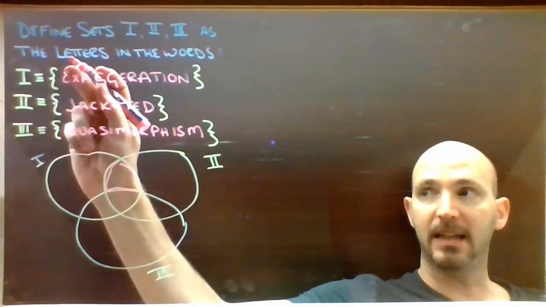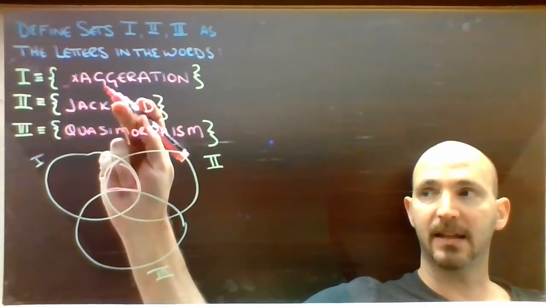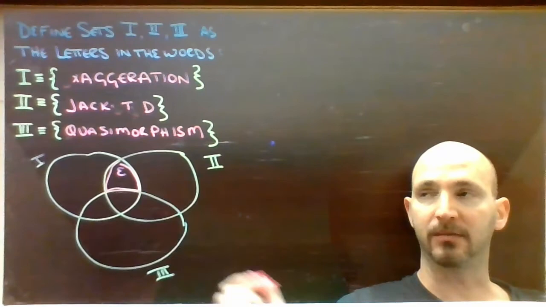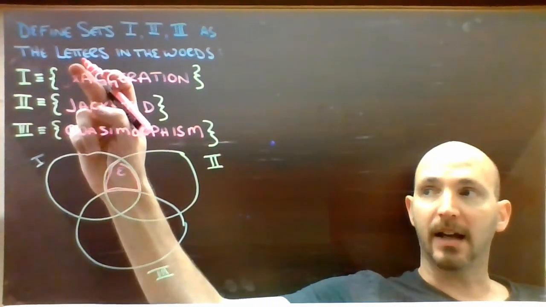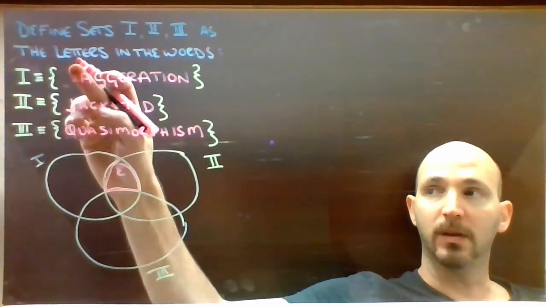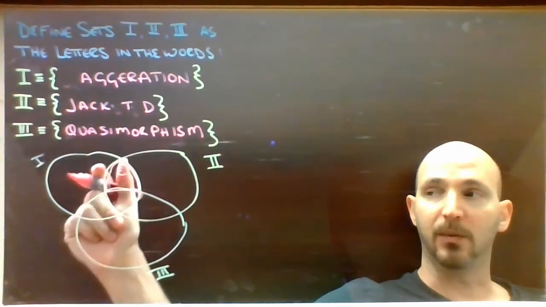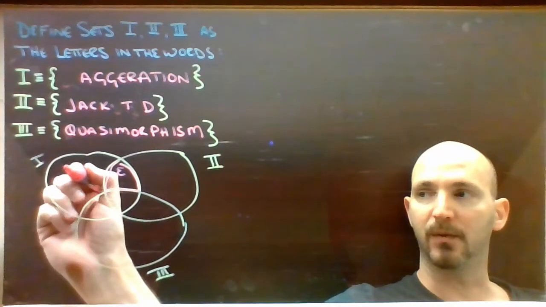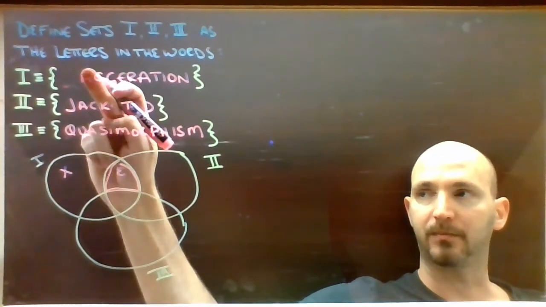So since that E is located in this word and this word, I'm going to put it in that section. Letter X, if I look, is only in exaggeration. It isn't in the other words. So the only place that is in this set but not the other two is over here. So that's where that goes.